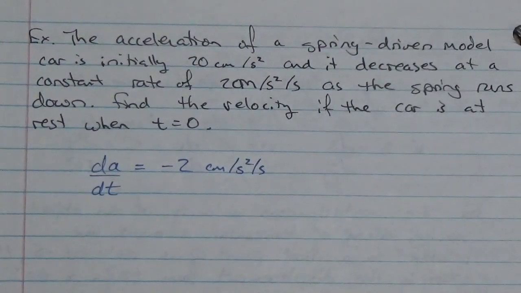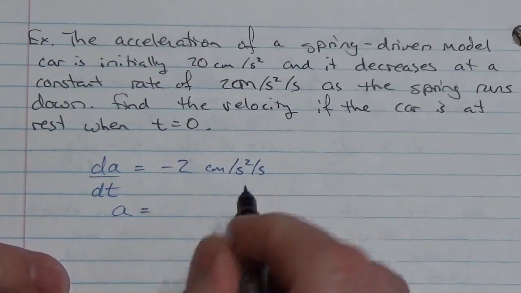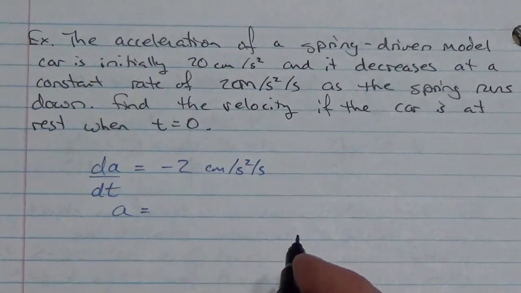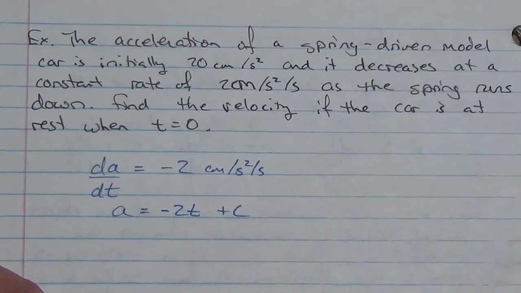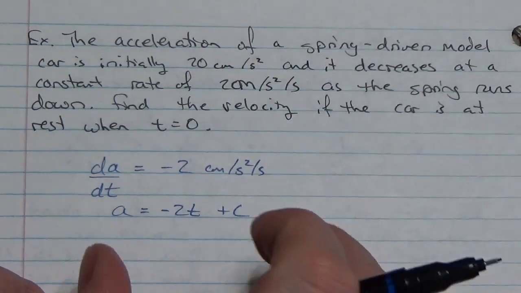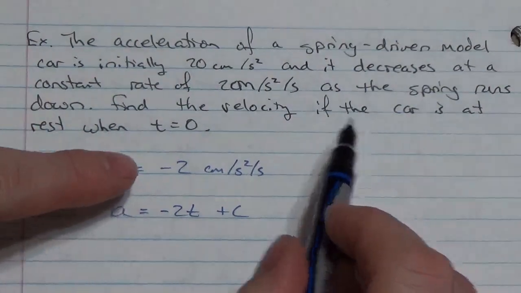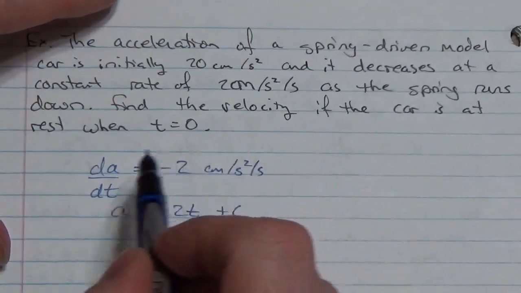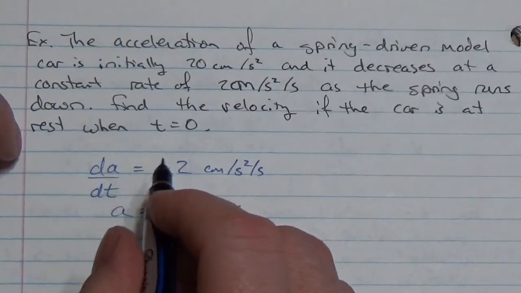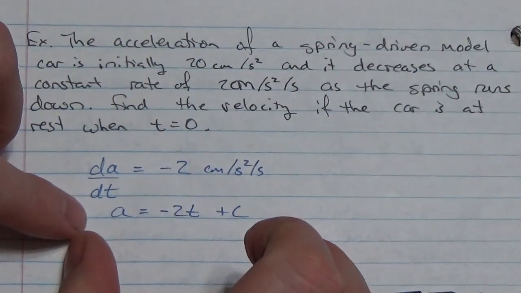So anyway. So the first thing we're going to do here is we're going to take the antiderivative of this to get acceleration. And when you take the antiderivative of a constant, that's just going to be negative 2t plus c. Okay? But we were given some boundary condition information here. Now, don't get confused. The boundary condition information we're referring to here is not the velocity of the car is 0 when time is 0. Okay? That's because I'm looking at acceleration right here.